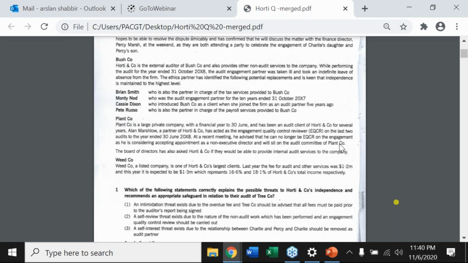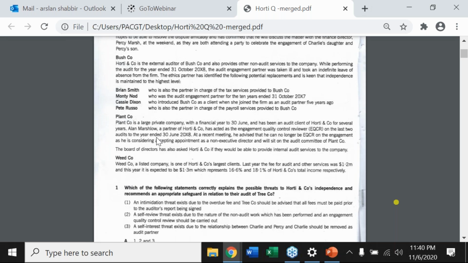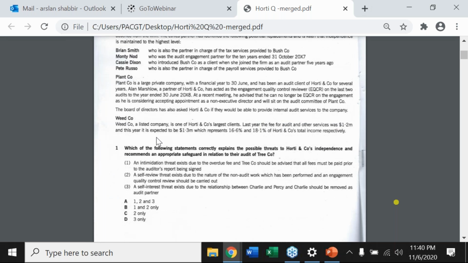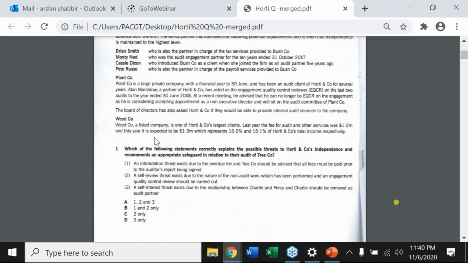So I'm giving you 1 minute. Please read this paragraph and give me your answers. The third requirement question is given. This is a paragraph which is relevant.